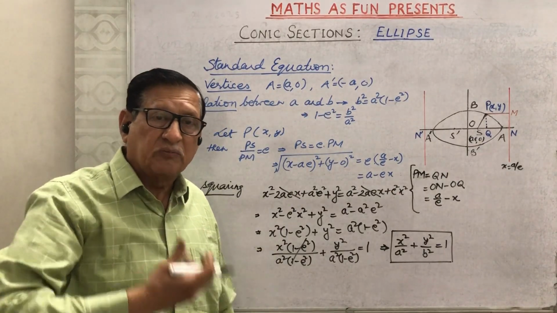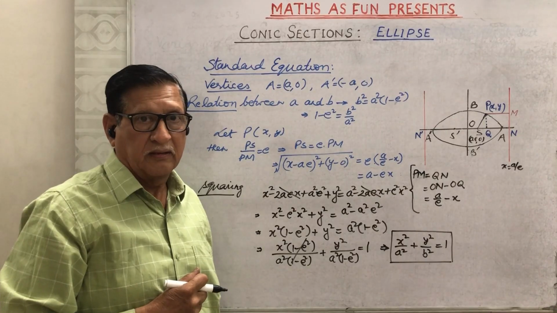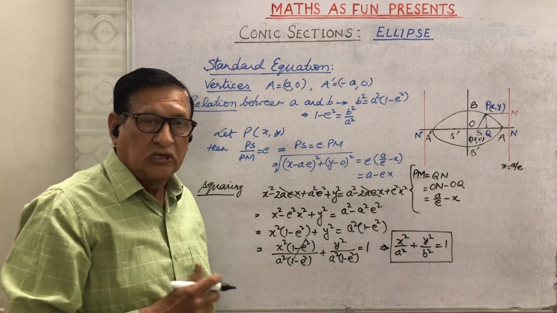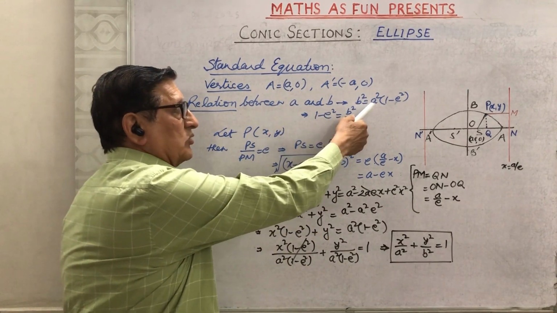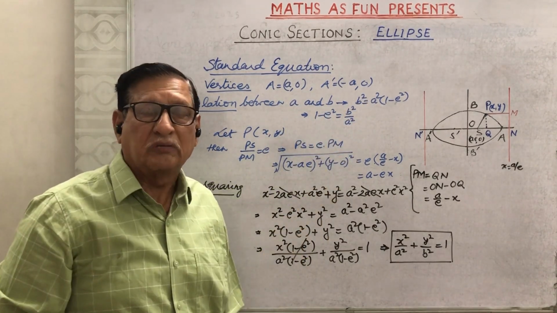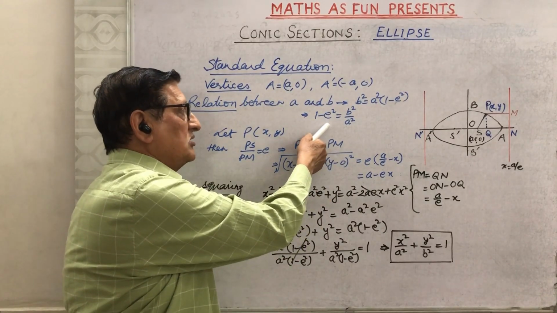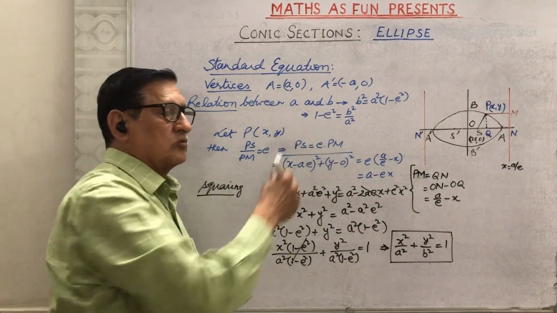Now what is the relation between a and b, that is between the length of the major axis and minor axis? Here b square is equal to a square into 1 minus e square. It means 1 minus e square is equal to b square upon a square.